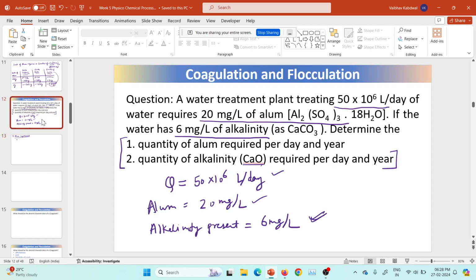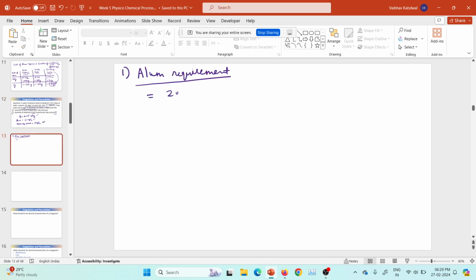How much lime is needed? We are given 20 milligram per liter. We'll directly convert it into tons. So minus 6 will convert it into kgs, and minus 3 will convert it into tons per liter.